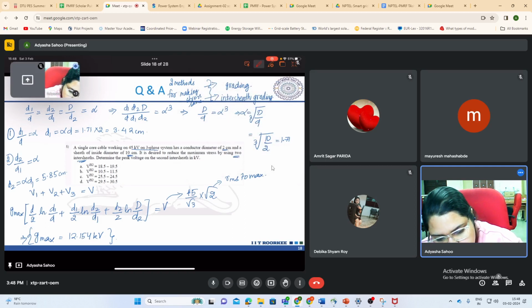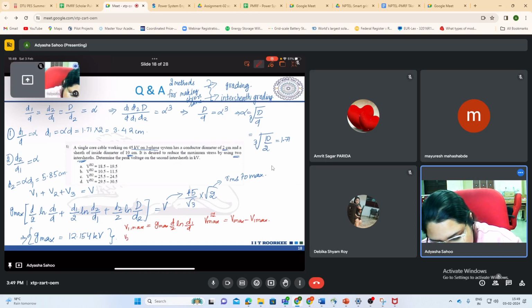V1 max will be Gmax d by 2 ln d1 by d. Vsheath 1, Vs1, will be V minus V1.